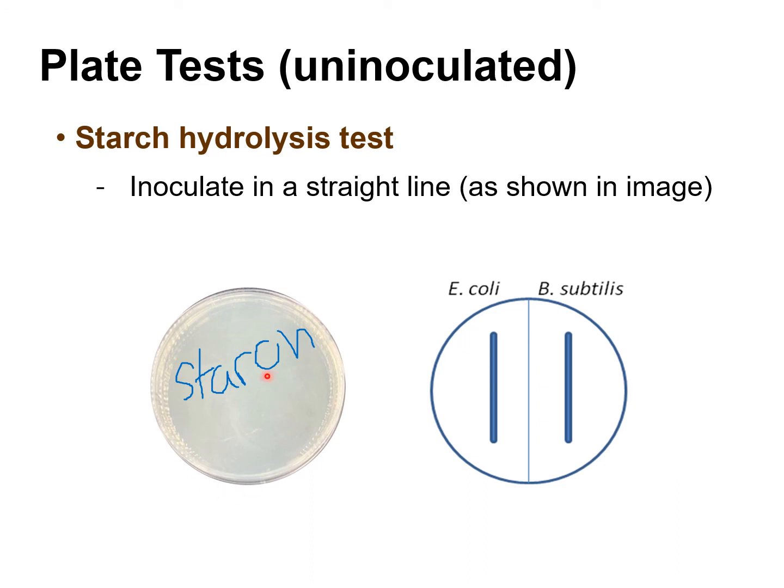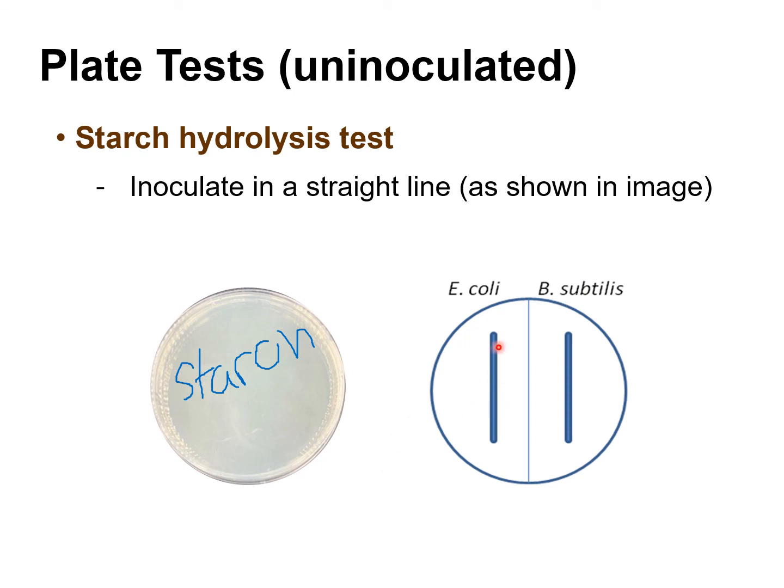Otherwise, the test is not going to work out. And by the way, you can split your plate in half so that you can save time, and save plates and media. So you can split it in half and inoculate one bacteria on each side.